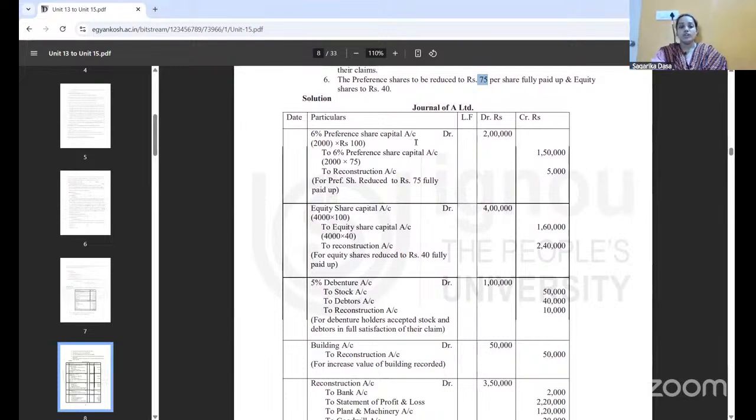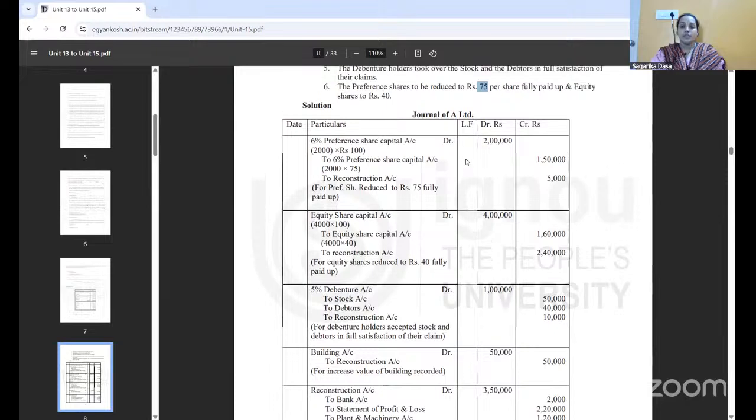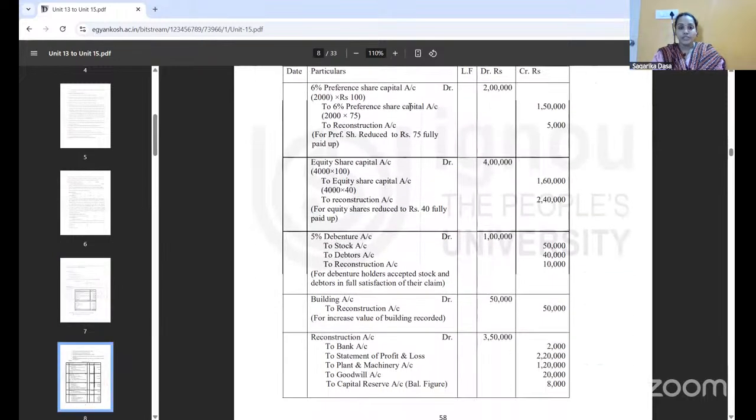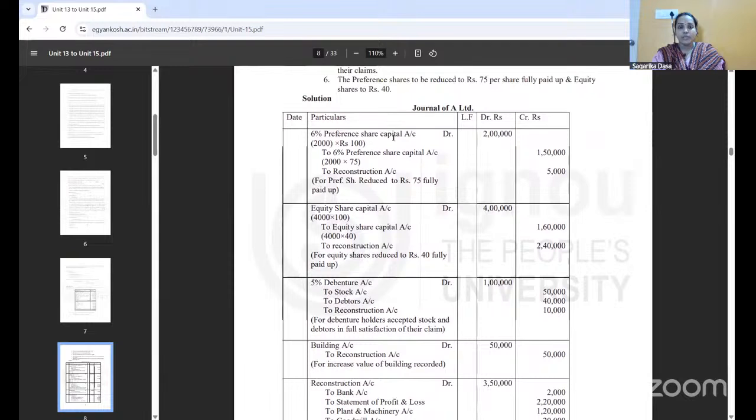6% preference shares of 100 each. So preferential share capital account debit. Balance sheet లో మనకి preferential share capital 2 lakhs ఉంది. So as it is 2 lakhs మనం తీసుకుంటున్నాం. So preferential share capital, old share capital account debit 2 lakhs, to new share capital, to reconstruction account. దీన్నే మనం capital reduction అని కూడా అంటాం.